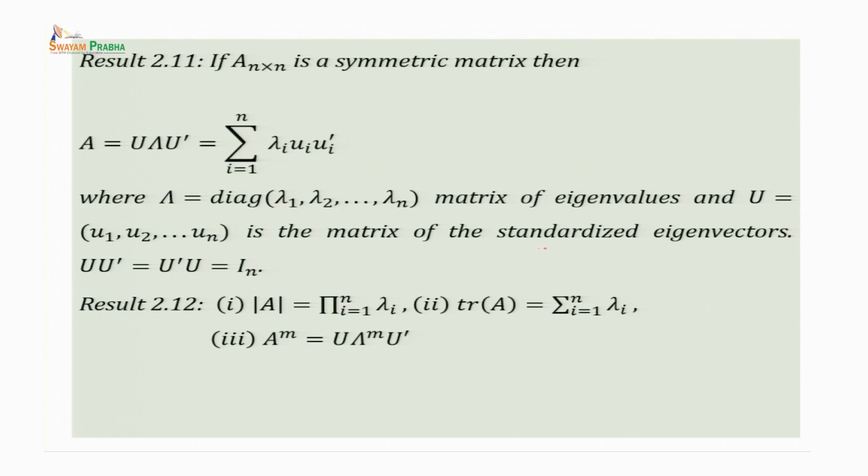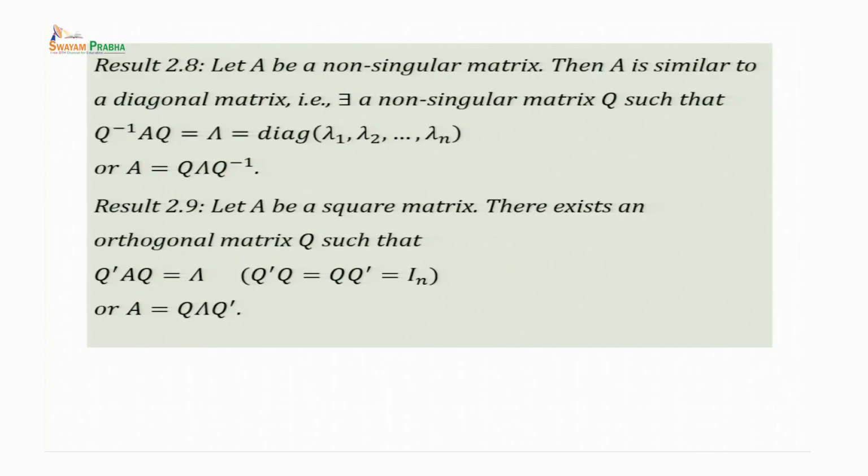This is the matrix of standardized eigenvectors, that is U transpose U is equal to I n. So, this result you can easily verify by using the previous result, this theorem.